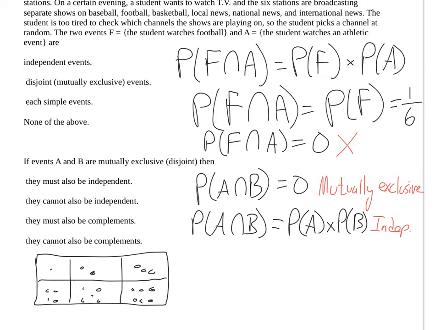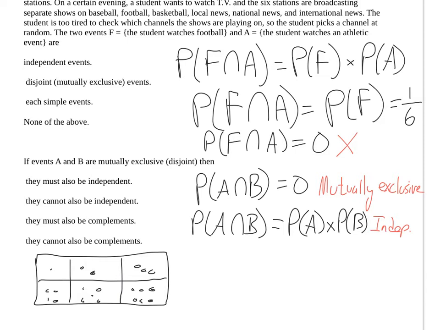So, the probability of getting a 1 and getting a 6 are not complements. However, they are mutually exclusive. You cannot roll, on a normal die, a 1 and also a 6 at the same time with the same die. You see what I'm saying? So those are mutually exclusive.